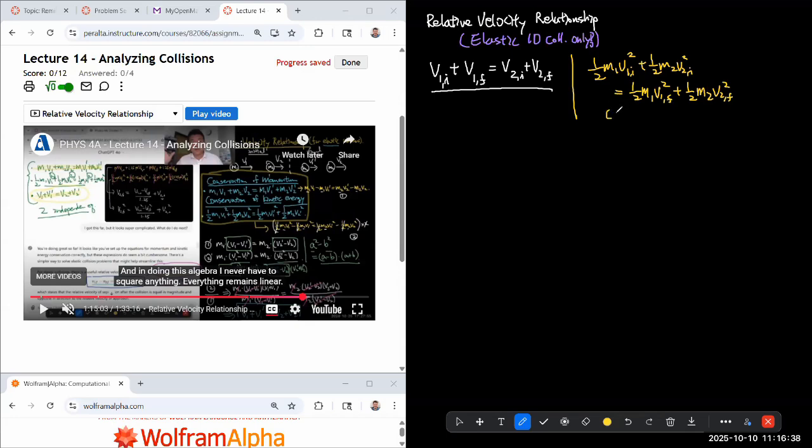The advantage of the relative velocity expression over this is that it is a linear equation. It doesn't involve any squares, so that makes your algebra so much easier.